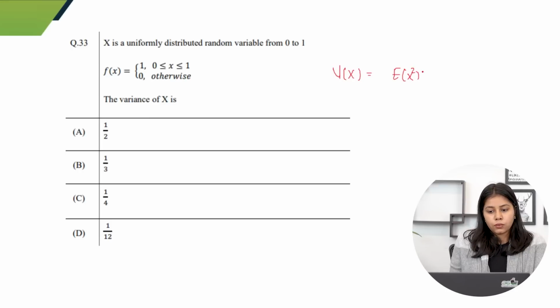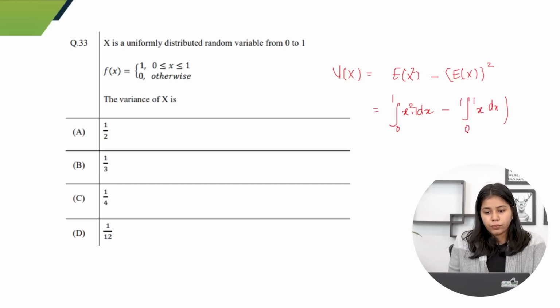Expectation of x square minus the whole square of expectation of x, right? And to find the expectation of x square, I'll integrate x square dx from minus infinity to infinity. But the function is given to me only from 0 to 1. So x square into 1 from 0 to 1. Similarly, expectation of x would be the integral from 0 to 1 of x dx, and then I have to take its square.